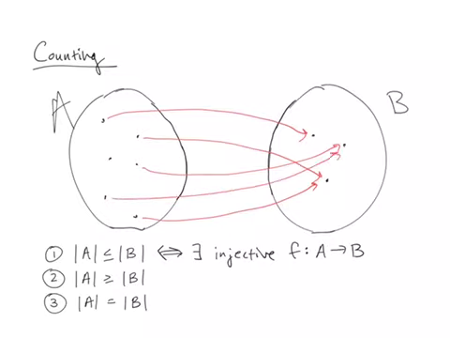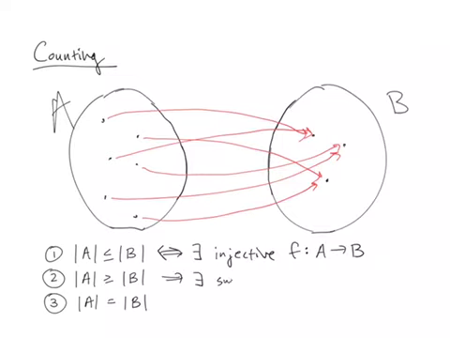So what you would have is a function which hits everything in B, but might have to hit things in B more than once. So it might not be injective, but it will be surjective.